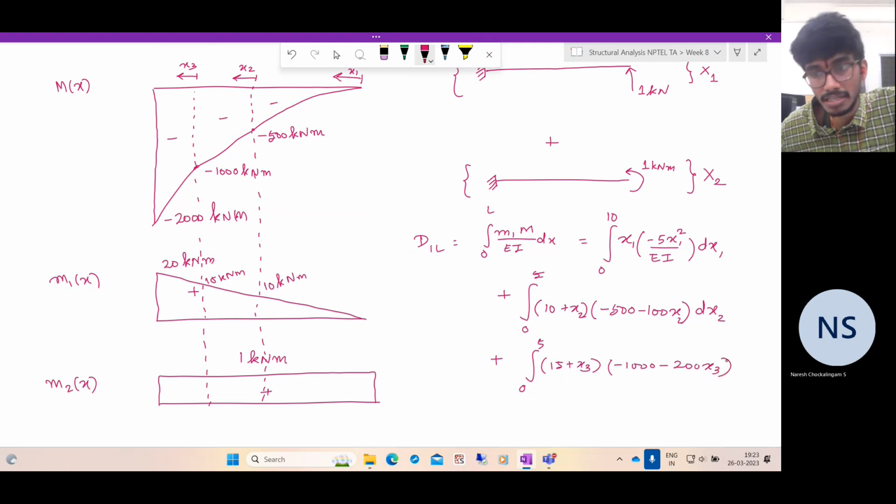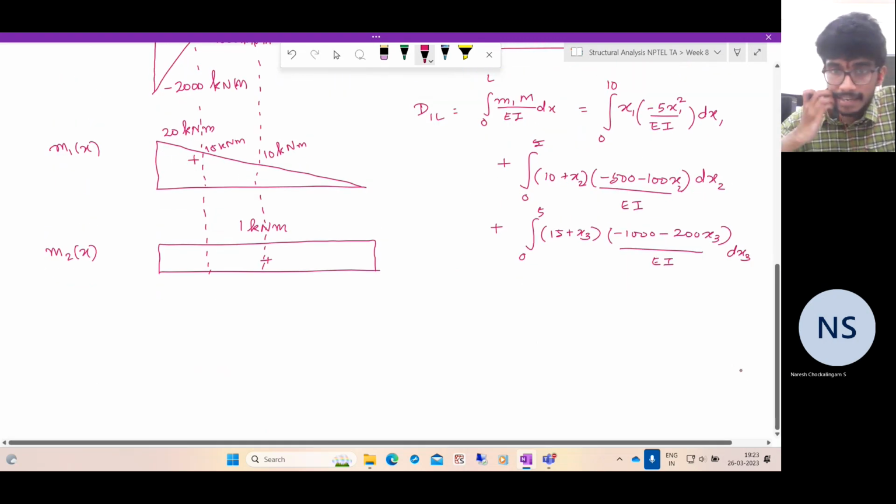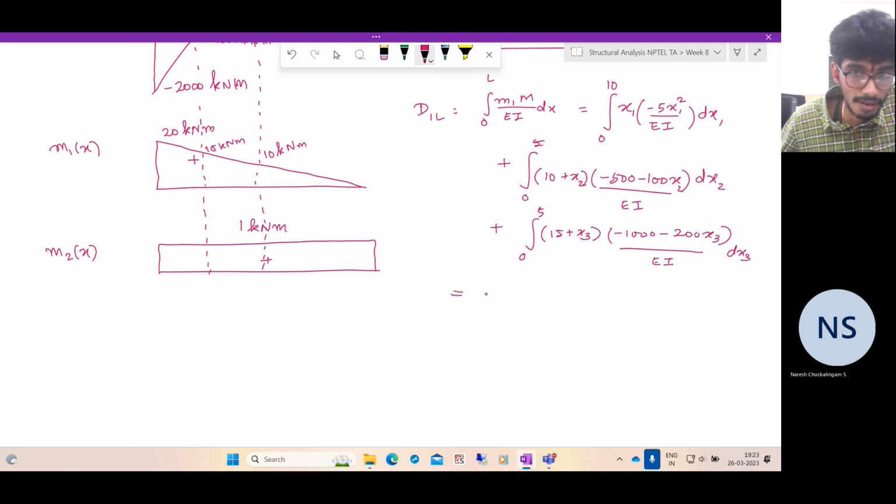You can substitute the values and check that it satisfies, and that is divided by EI everywhere. This can be easily integrated, and the value that you get will be minus 193750 by EI.